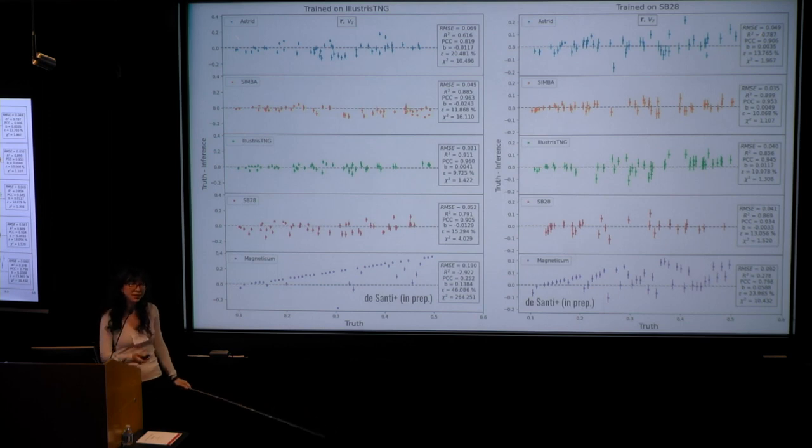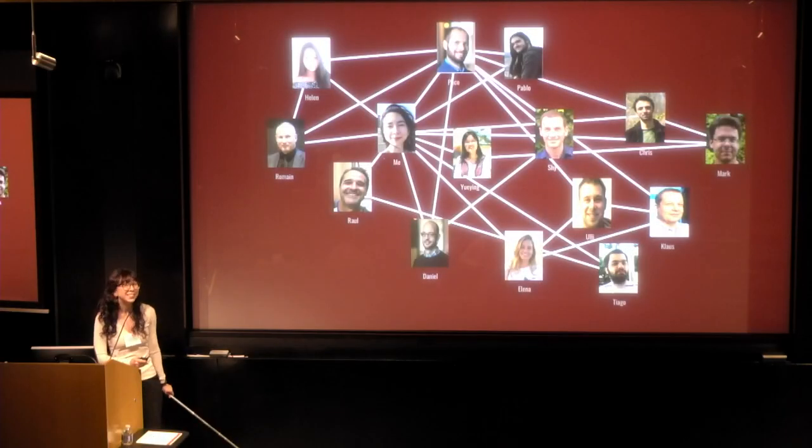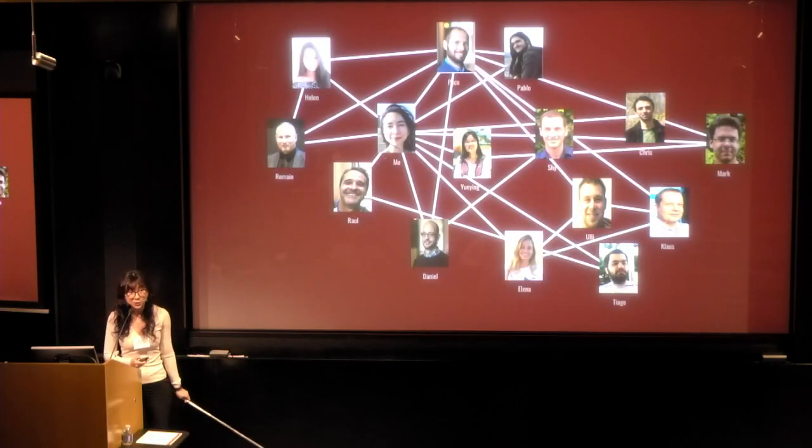So maybe going as crazy as possible is not the only good answer. We have to have models which take into account many other variations. For instance, Astrid, which takes into account variations in the galaxy properties, which Illustris-NG does not take into consideration. So this is the most important graph that you can see in this presentation.